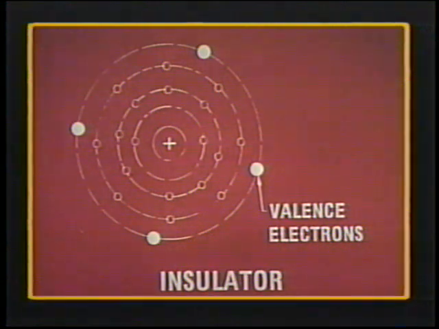When there are many electrons in one atom, they orbit in several rings or shells. Now, the outside ring, called the valence ring, is the one which contains electrons that can be released to flow in a circuit. In some materials, called insulators, the attraction of these valence ring electrons for the nucleus is so strong that they can be forced out only by a strong electrical pressure.